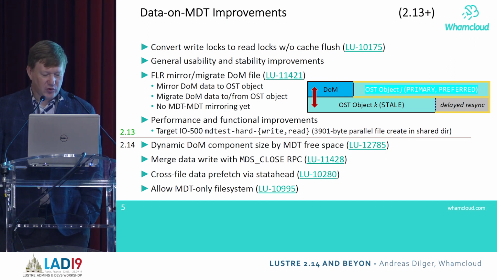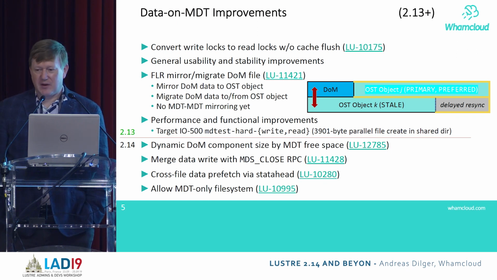Some performance improvements, merging the writes with the close so that you reduce RPC count. And something that was asked by a few people, being able to have an MDT only file system. If you only have very small files, maybe you don't need OSTs.